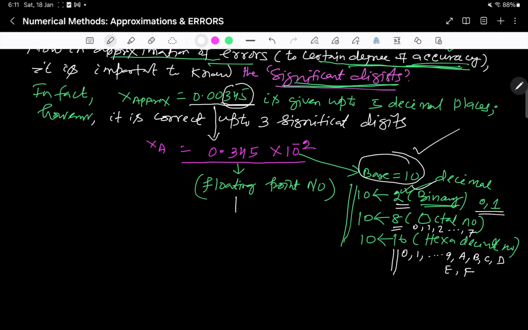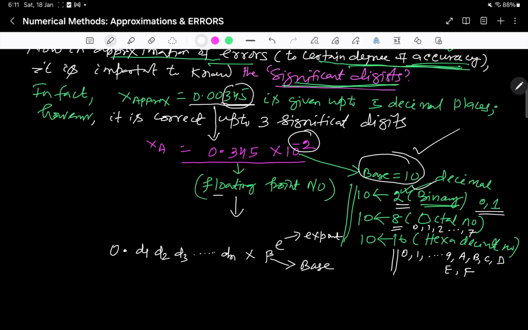I would like to say the general form is 0.d1 d2 d3 and so on up to dn, times beta to the power e. So e is my exponent here, and beta is my base here, okay. If the base is 10, it is in decimal form, right?